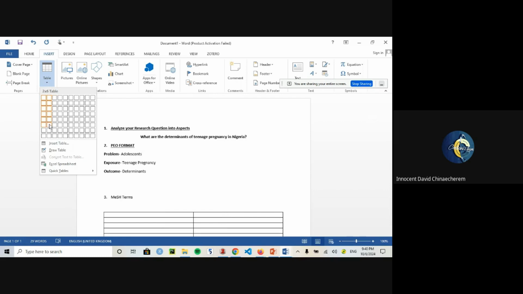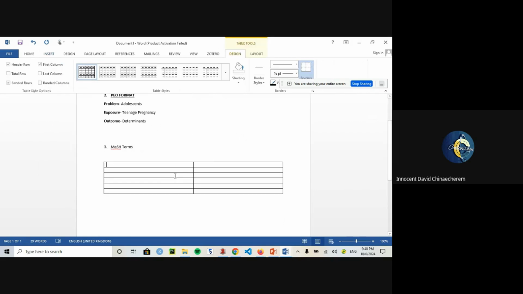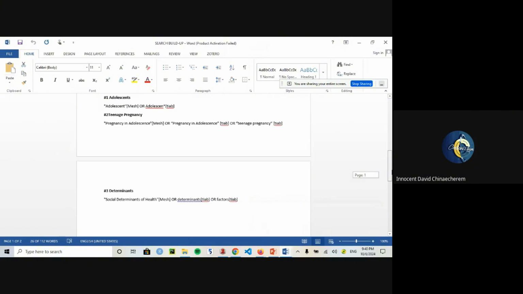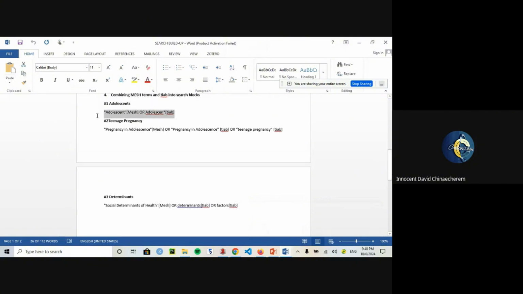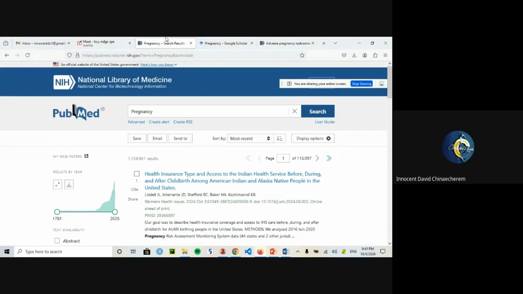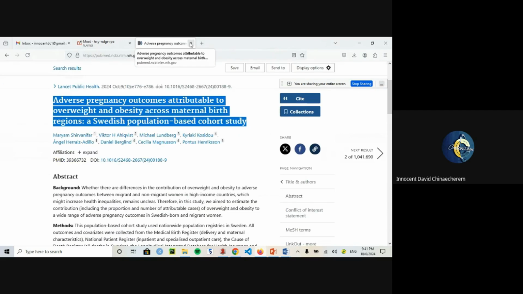Remember, I'm not really going to be explaining so much on search strategy today because we'll be talking about it at length in our next session. So I think I'm going to hover around there because of our time and pick up this, right? And I'll come to PubMed. So close this.